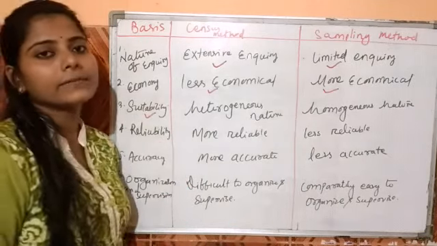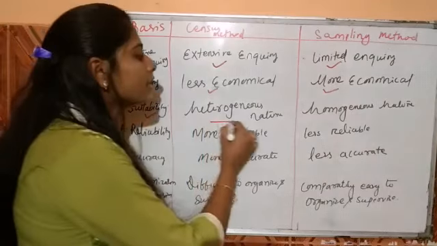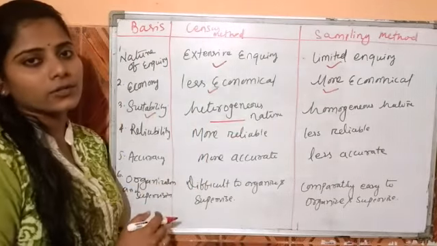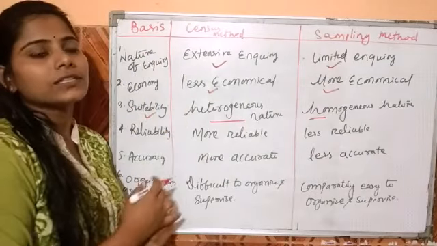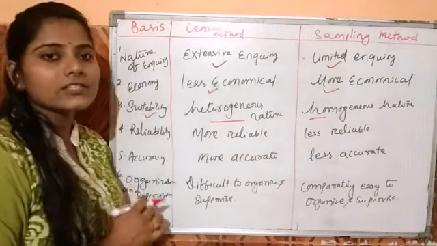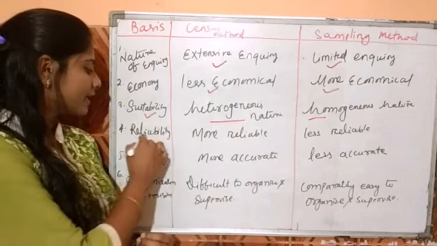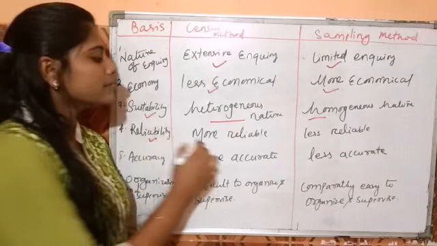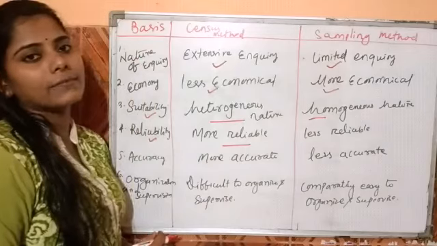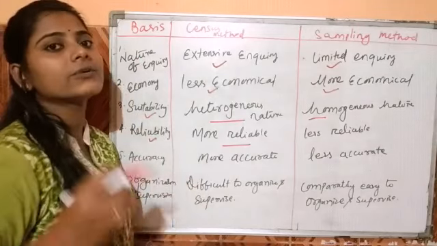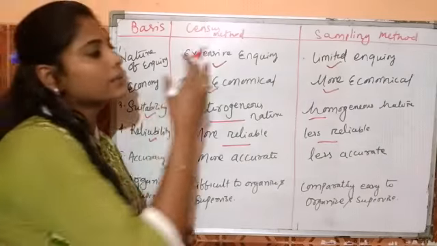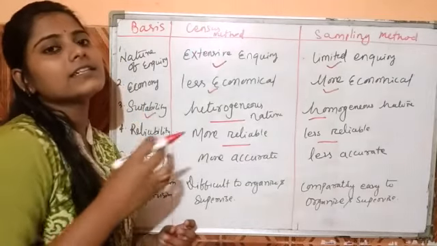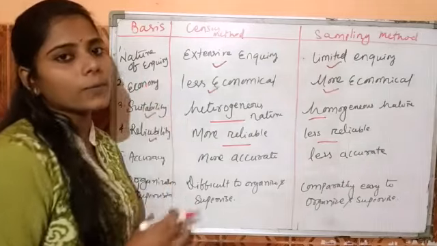Next is suitability. The census method is suitable when the area of investigation is heterogeneous in nature, and the sampling method is suitable when the area of investigation is homogeneous in nature. Next is reliability. The census method is more reliable because the study is in-depth, and the sampling method is less reliable because the study of a small population represents the whole population.